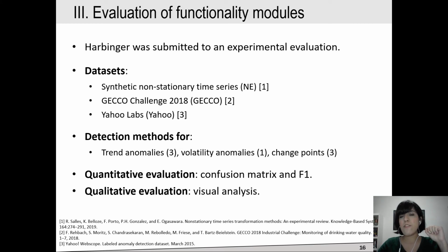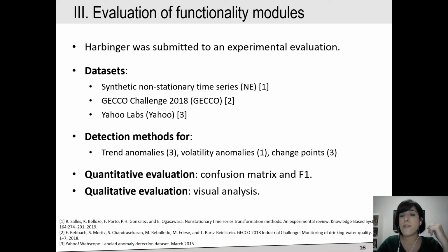So Harbinger was submitted to an experimental evaluation in order to analyze the contributions of its functionality modules. For this purpose, a synthetic non-stationary time series was built in order to highlight the behavior changes of a time series. And we also adopted two real data sets that are commonly used as reference to assess the quality of the event detection methods.